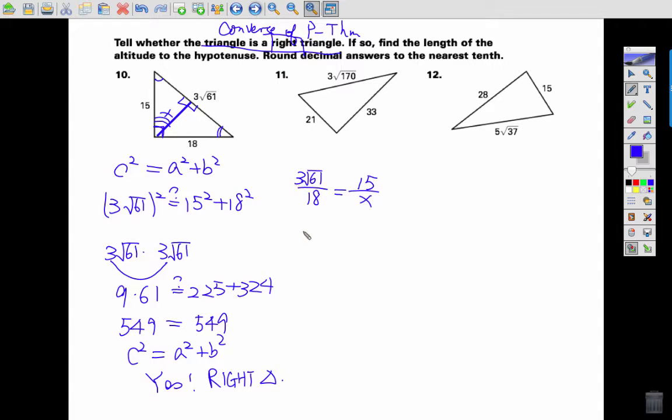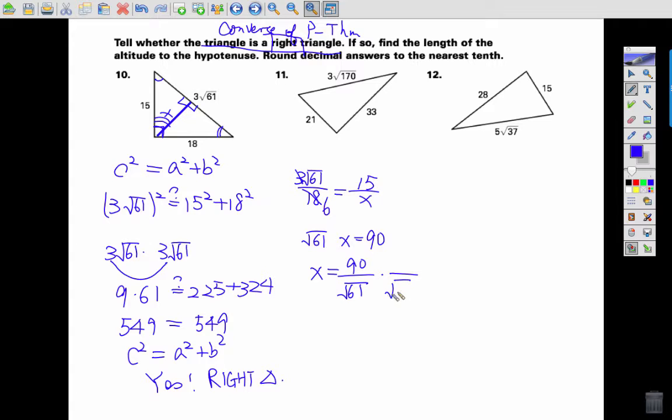So now you can cross multiply, or you can actually cancel. I just noticed that. If you cancel that, you have root 61 times x equals 15 times 6, which is 90. And now if I'm going to finish this, divide by root 61 on both sides, then you found your value of x, which is the altitude. You are not done yet.